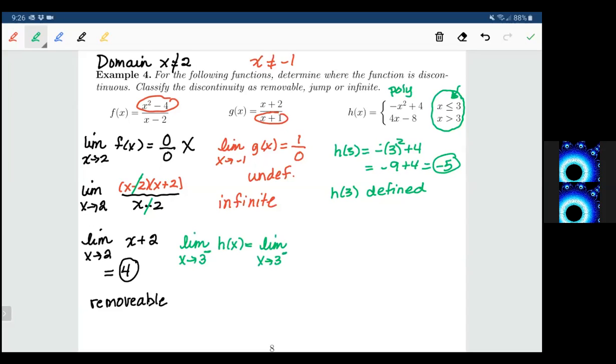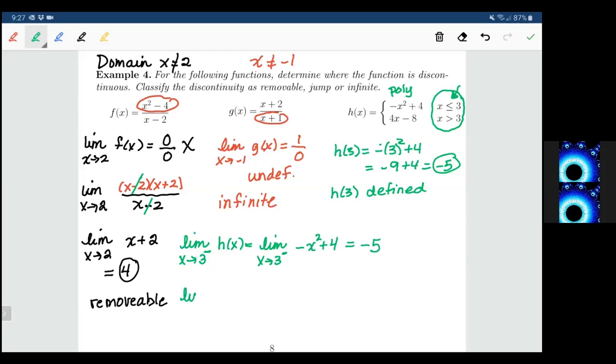The left-hand side are the values where x is less than 3, so we need to evaluate the limit of -x squared plus 4. And when we put this in by direct substitution, we see that this is -5. So the limit as x approaches 3 from the left is -5.